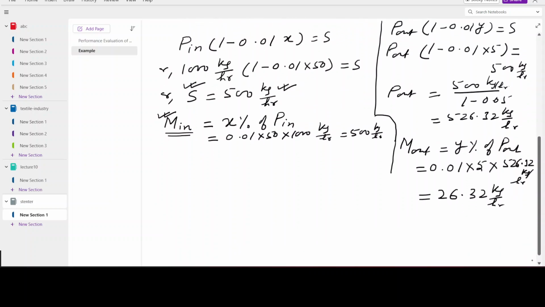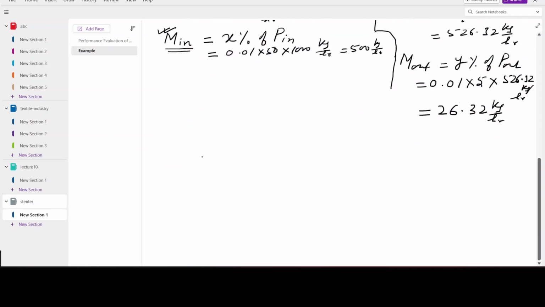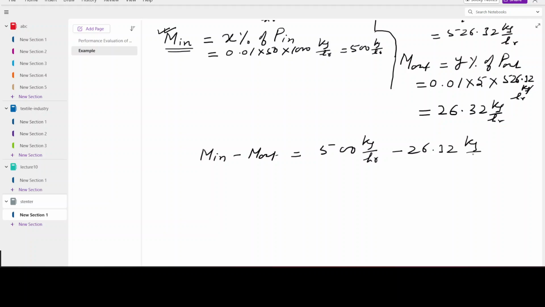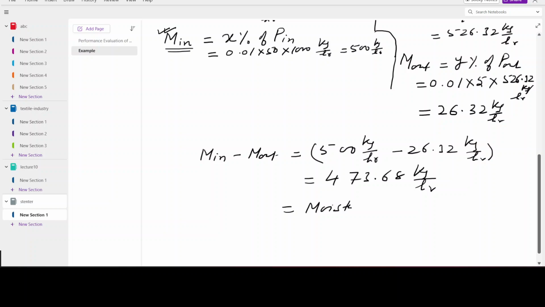So we have M in and M out. So we can find out the mass of moisture that has been removed. M in minus M out is equal to 500 kg per hour minus 26.32 kg per hour, and this comes out to be 473.68 kg per hour. What is this? This is the mass of moisture removed using this process.